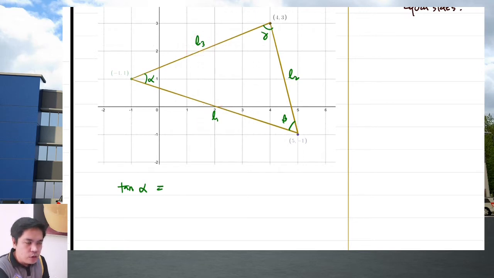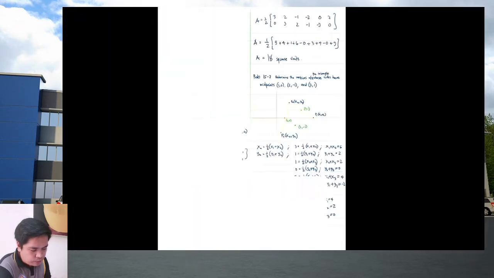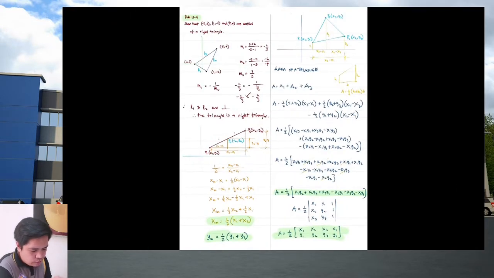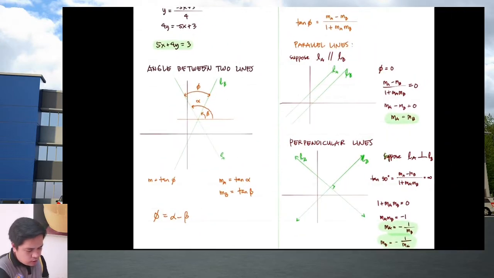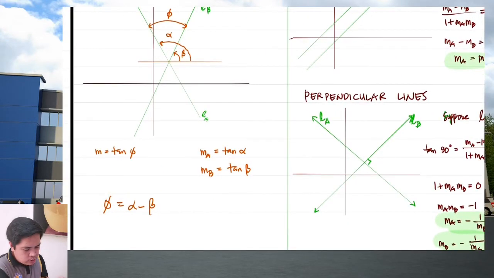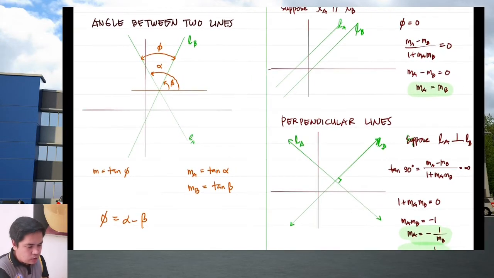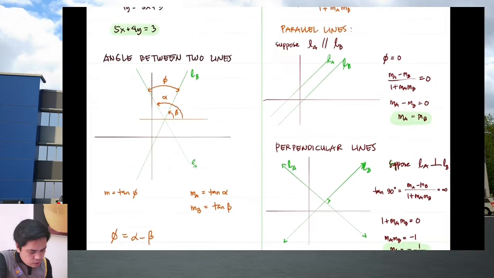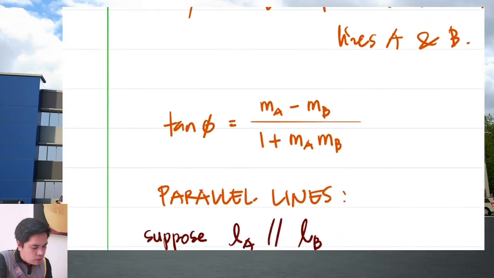Let's take a look at our formula again. The line should be measured counterclockwise, so the line with the larger angle should be on the left side. So this is the formula we should use.